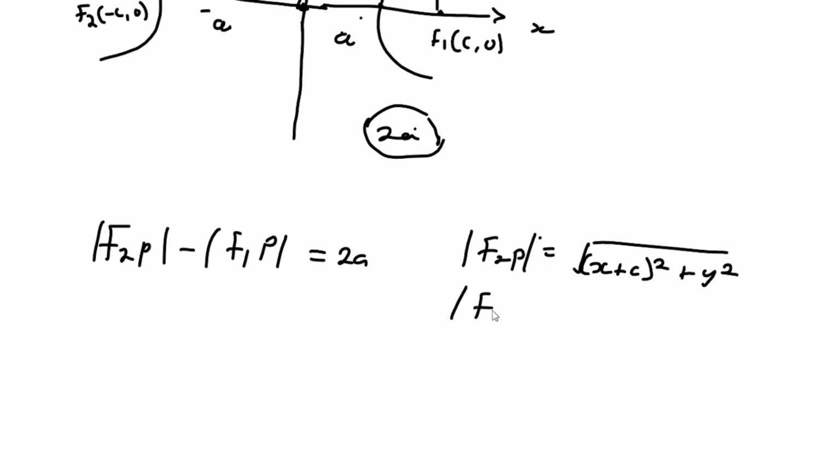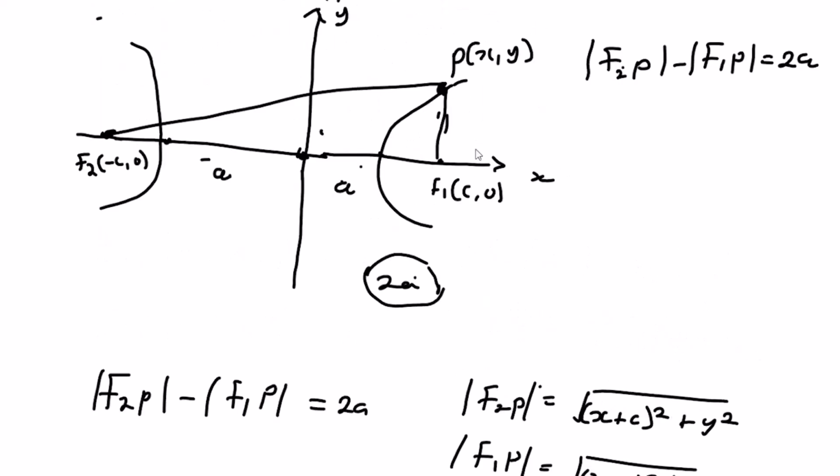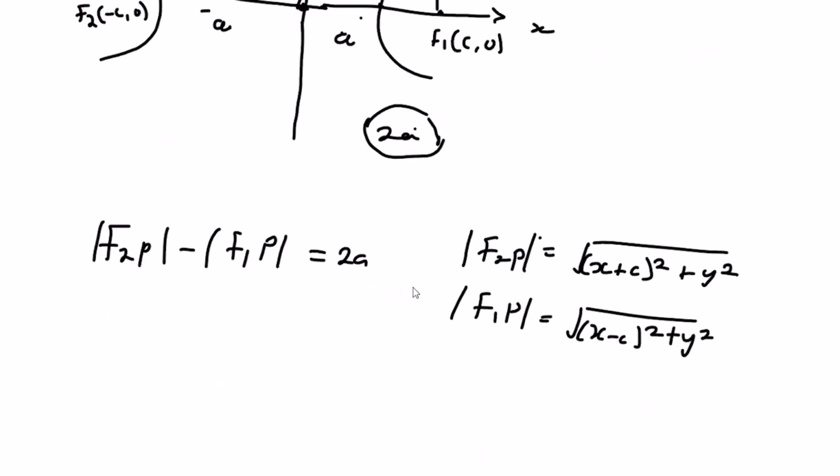Then with our F1P, that one too will give us x minus c all squared plus y squared. This is going to be y minus 0, so we still get y squared. That's why we have it there.